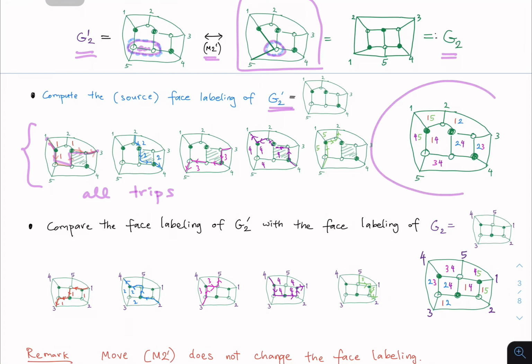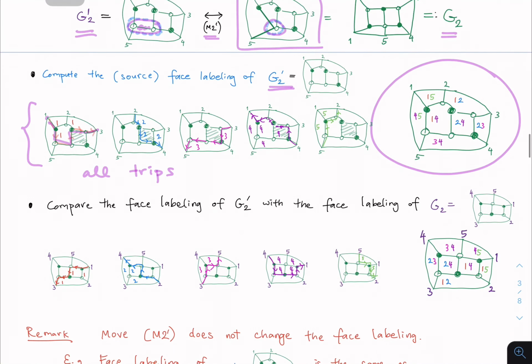And I get this phase labeling for G2 prime, and I can do the same thing for the phase labeling of G2.